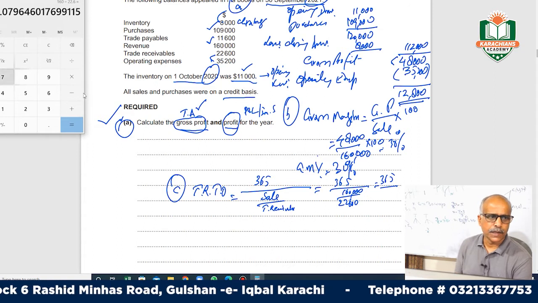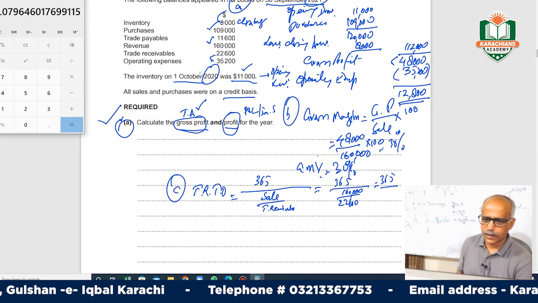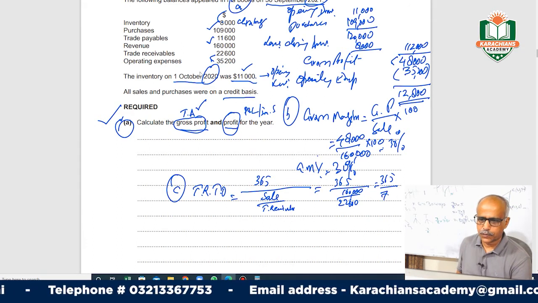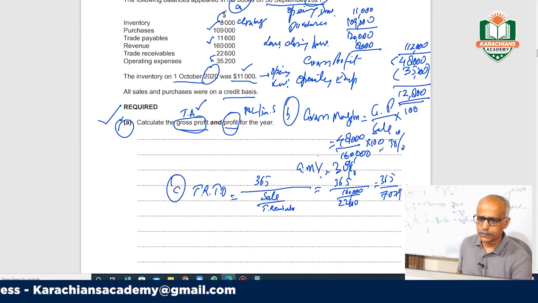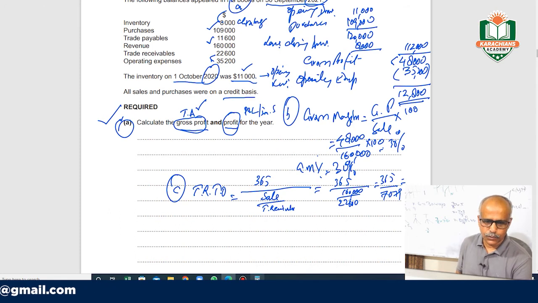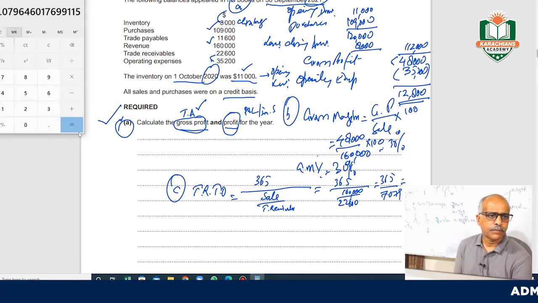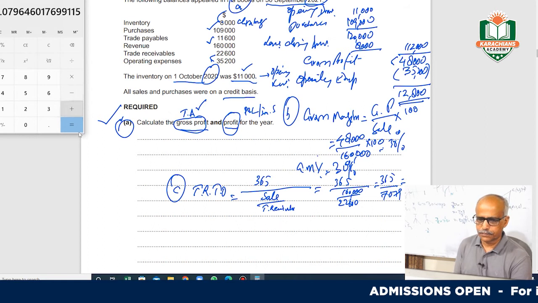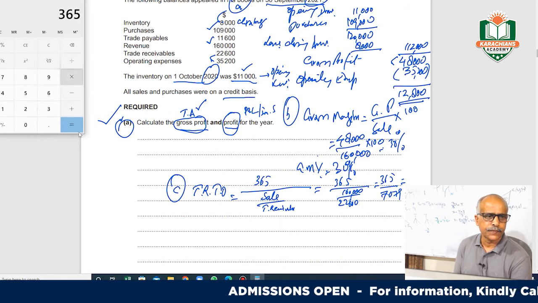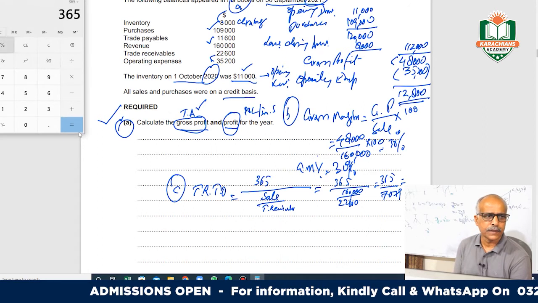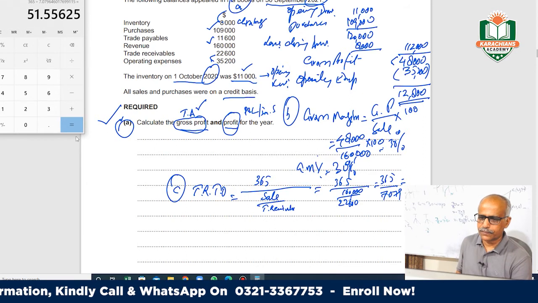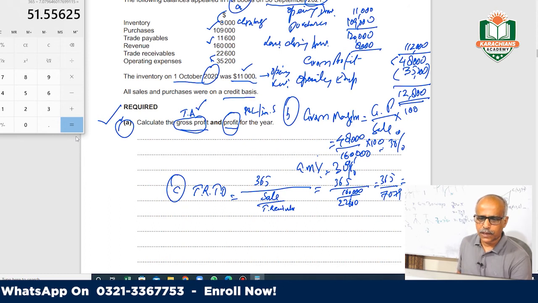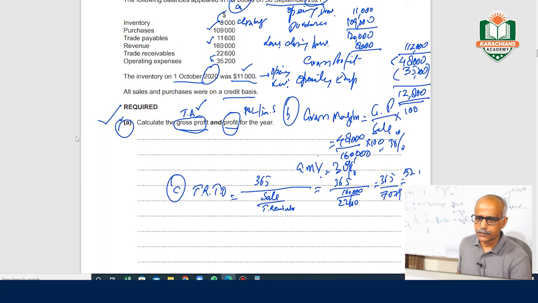It is coming, I will keep this in memory, right? 7.079. So you just have to divide 365 by, memory recall, this is 51.55, and he has told you to round it off to the whole day. So we can say 52 days.